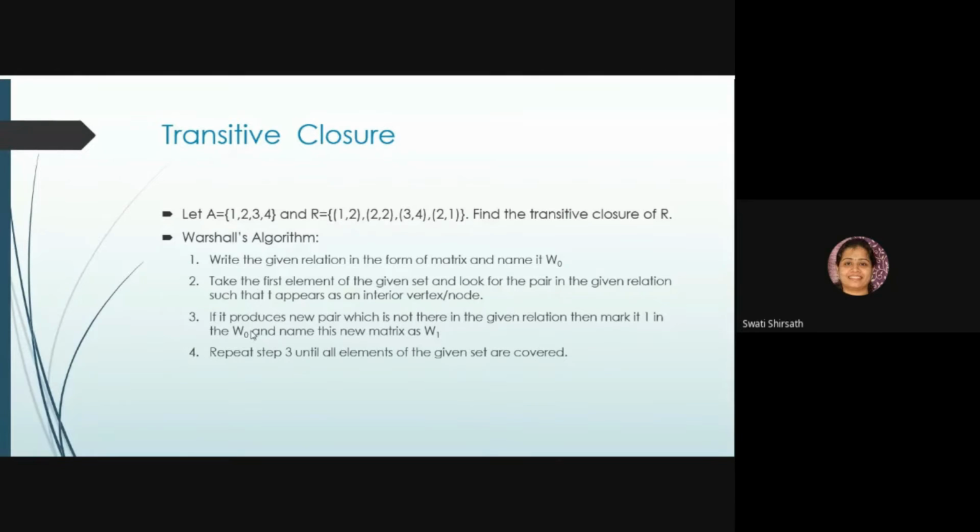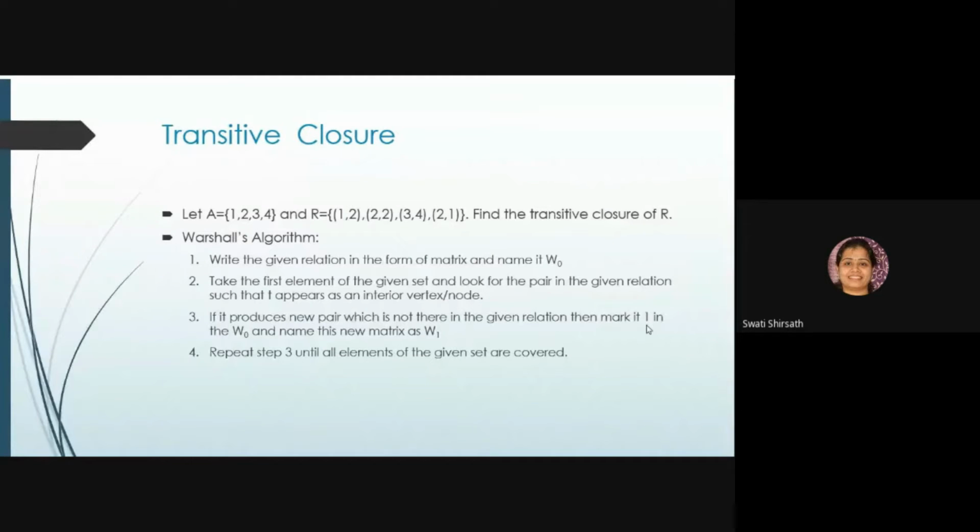If A to B is there and B to C is there, it generates a new pair A to C, which is not there in the given relation. So mark it 1. We write 1 for that pair in the previous matrix.